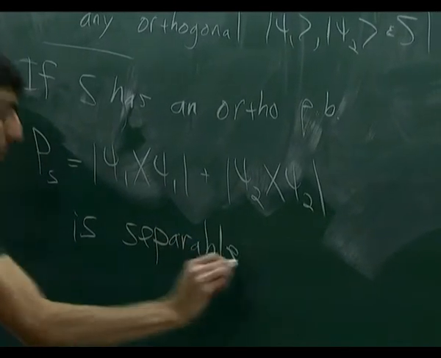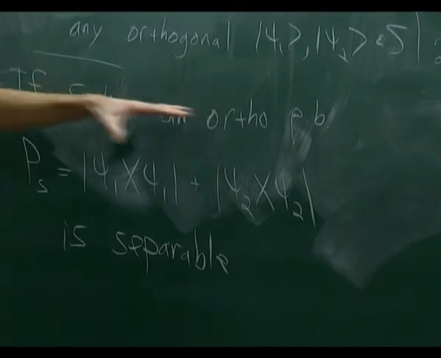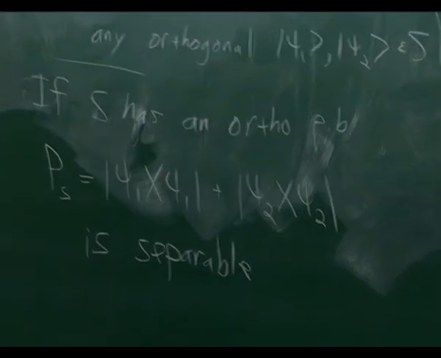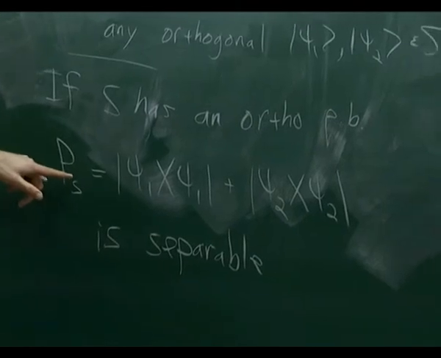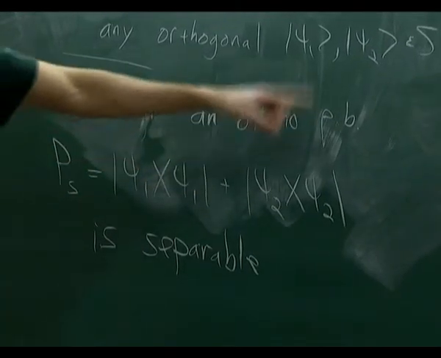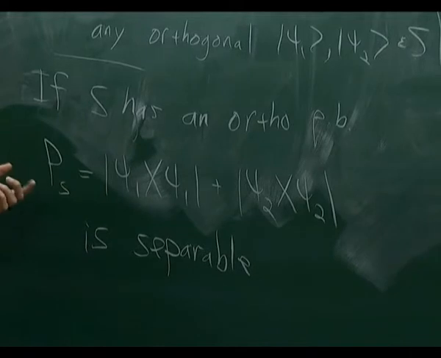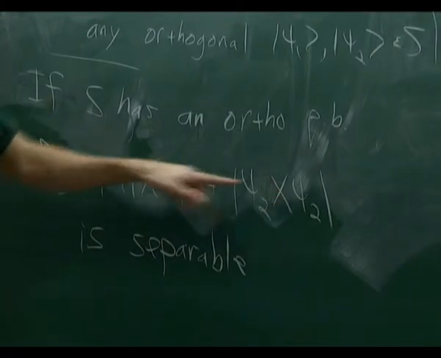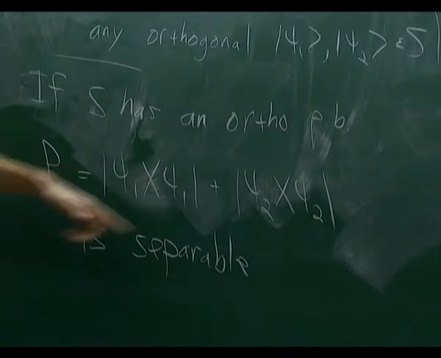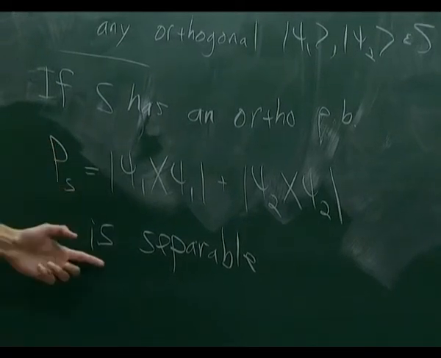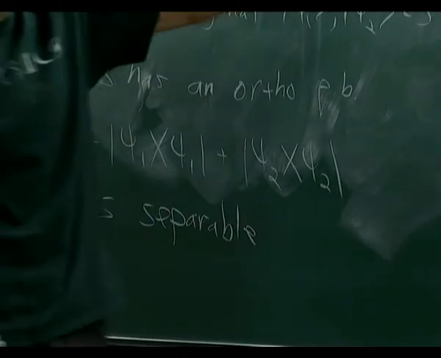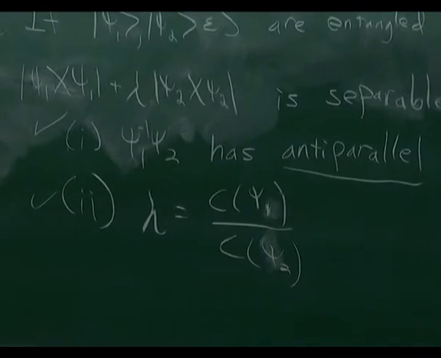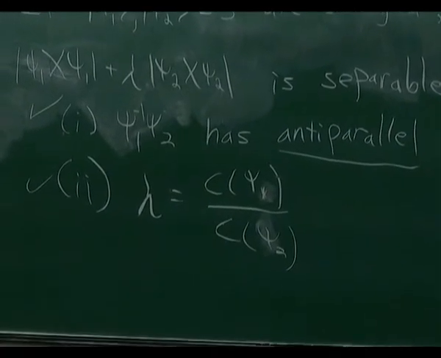Why is it separable? Because if it has an orthogonal product basis, then the projector itself we can write as a convex combination of this product basis, and it's going to be equal to whatever the psi 1, psi 2 is, because this is also a projector onto S. So we have that this is separable, and now we use the condition here that lambda must be the ratio of psi 1, psi 2 for this to be separable, then we must have that the concurrences are the same.